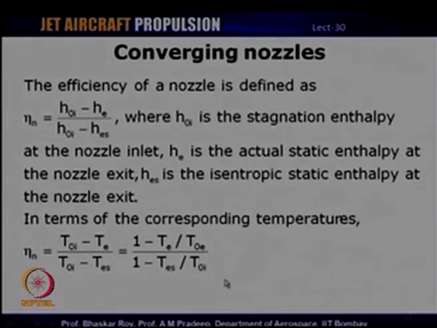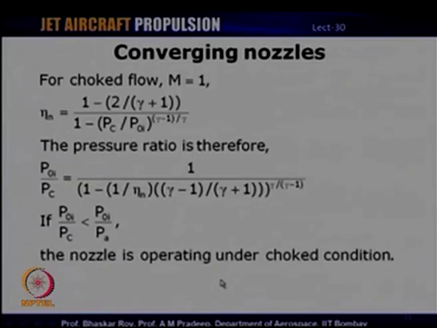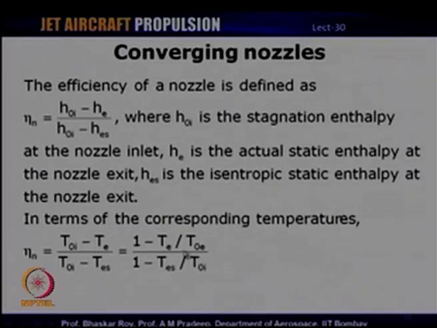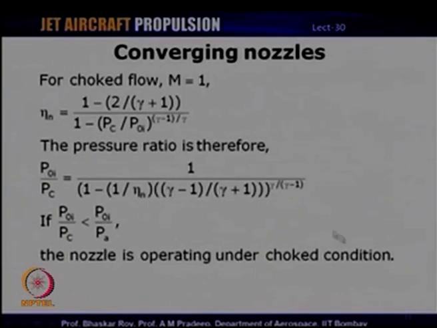So, this we will now express in terms of the Mach number and the pressure ratios. For a choked flow, the Mach number is equal to 1. So, this temperature ratio that you see here, T0E by TE, is 1 plus (gamma minus 1) by 2 times M_E squared, and since M_E is equal to 1, we get 1 minus 2 by (gamma plus 1), divided by 1 minus (PC, the critical pressure, divided by P0I) raised to (gamma minus 1) by gamma.